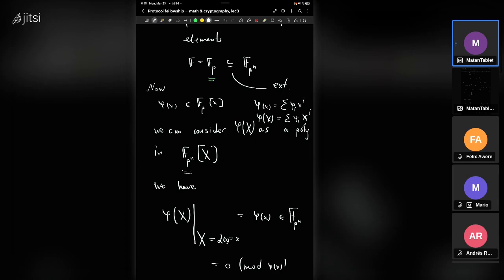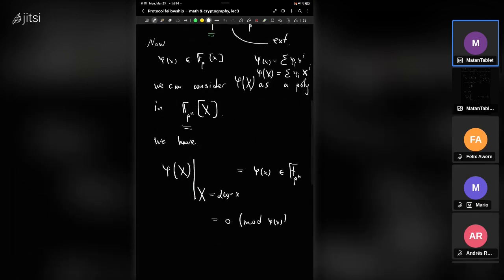So what did I get? Now, it means that this element, alpha x equals x, is a root of phi with big X over the new extended field F_p^n.